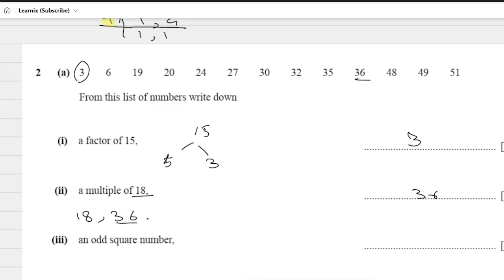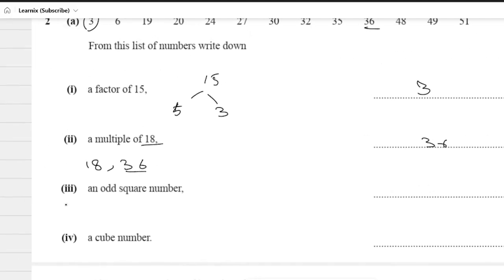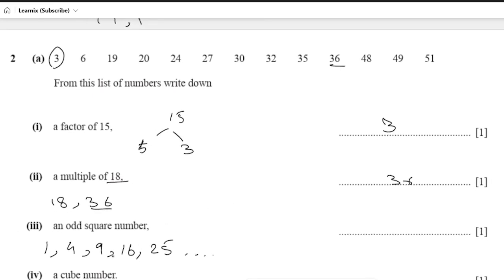Okay, an odd squared number, right? Now remember the square numbers: 1, 4, 9, 16, 25, and on and on. Let's try to find an odd number from this.